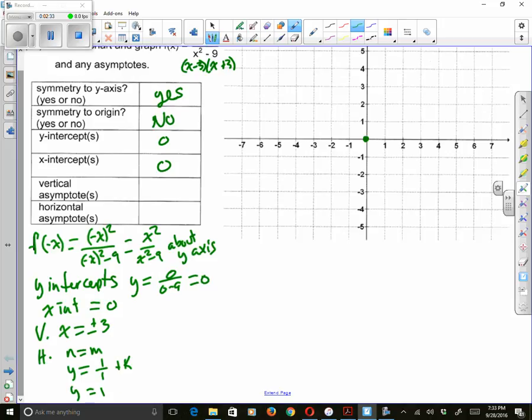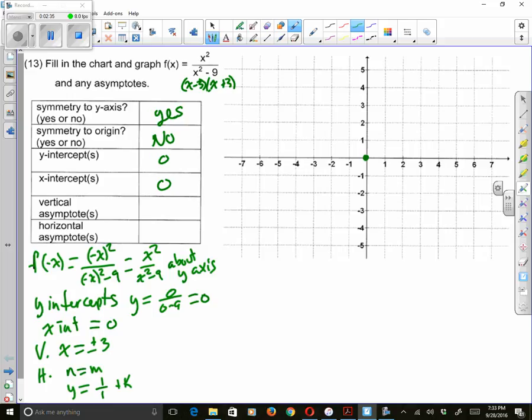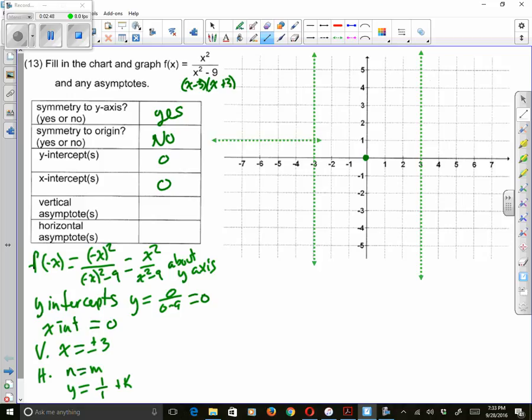So we're going to go ahead and plot those. We've got asymptotes at plus or minus 3 and y equals 1. Now these are going to show up in one of a couple different ways.